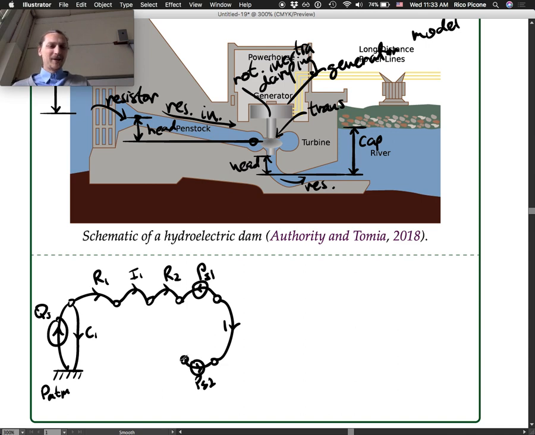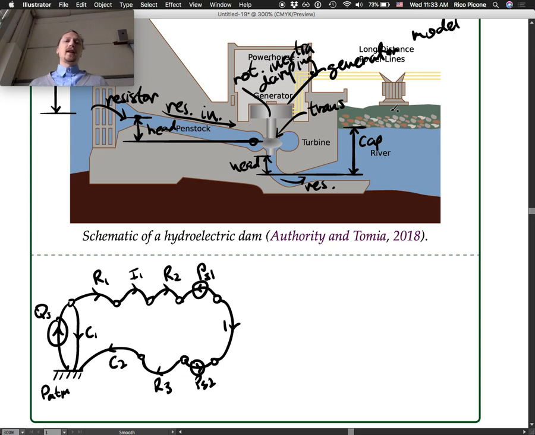All right, so we've got a resistance, R3. But then we've got a capacitance here, right? And so we've got C2, because this pushes back, right? River's got some head as well.